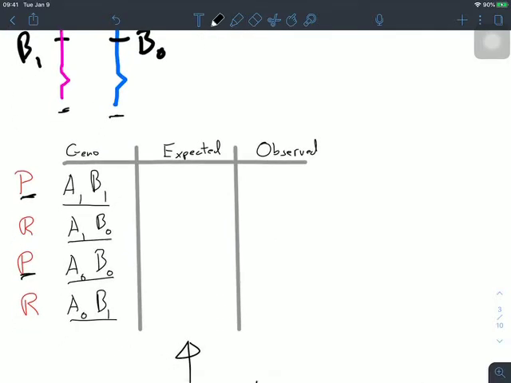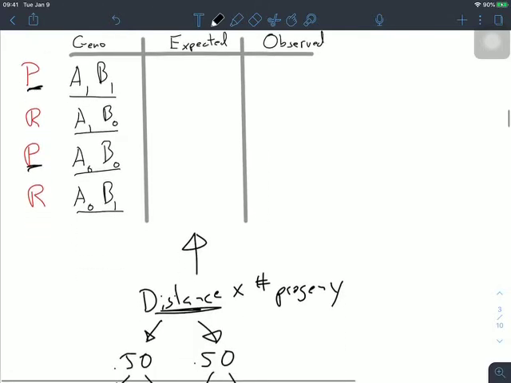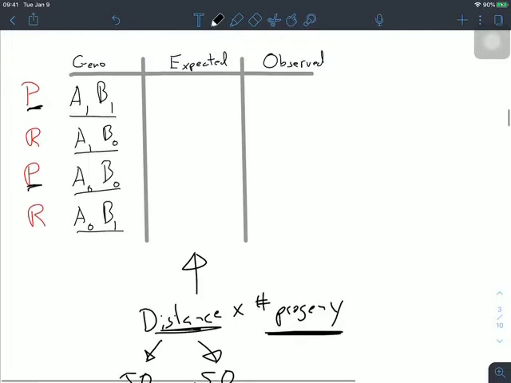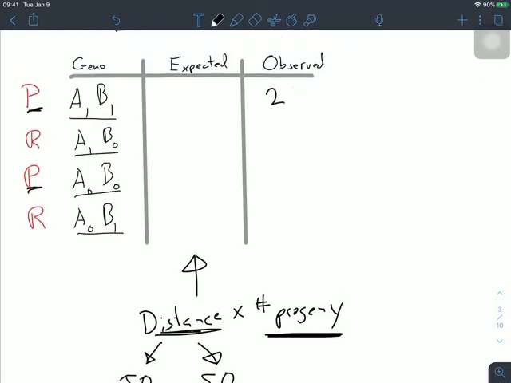So now let's figure out what the expected numbers are once we get our observed numbers, because that gives us the total number of progeny. We have 288 observed of A1, B1, 60 observed of A1, B0, 275 observed of A0, B0, and 57 observed of A0, B1.